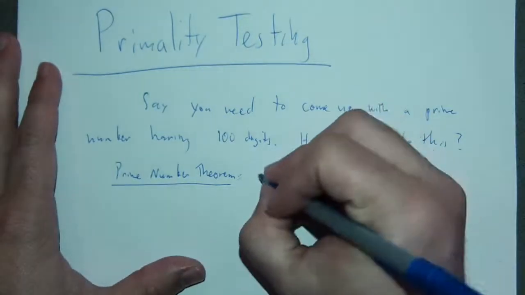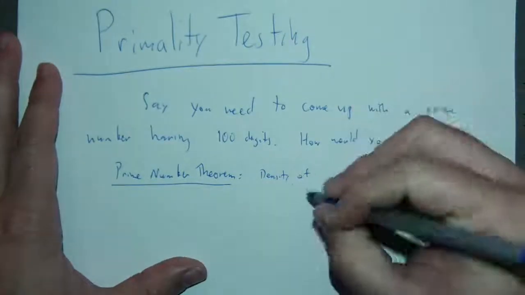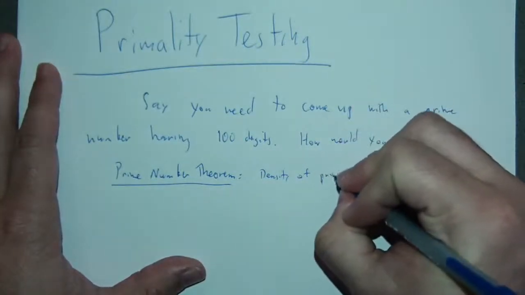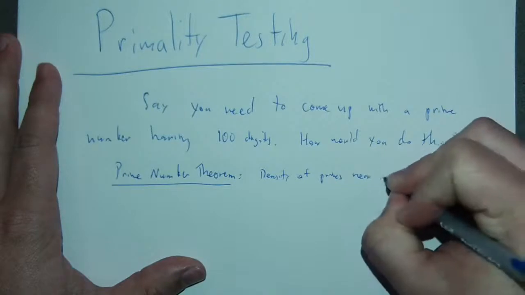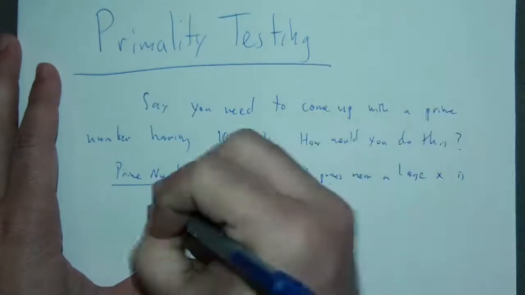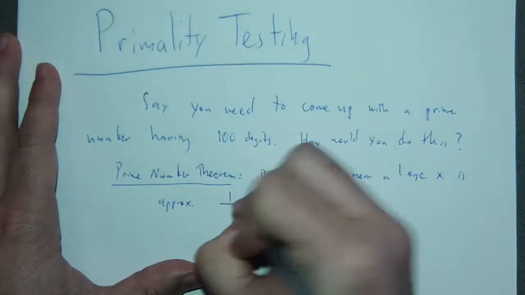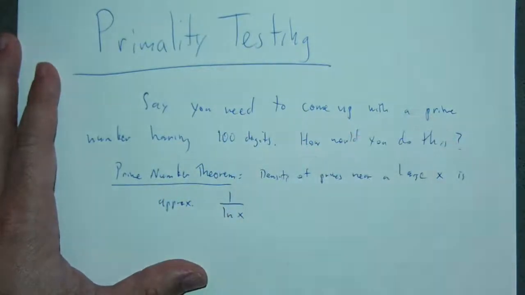So the density of primes near a large number x is approximately 1 over the natural log of x.